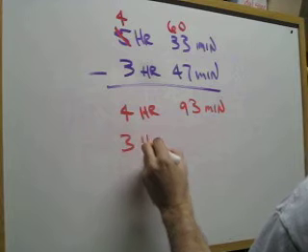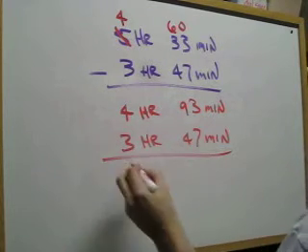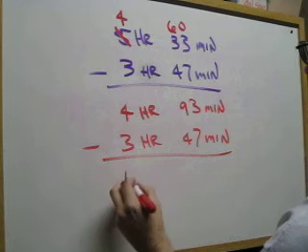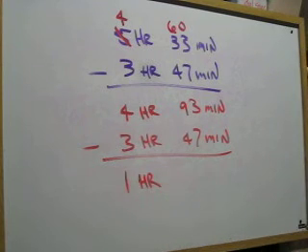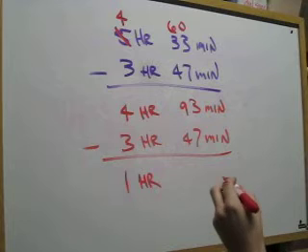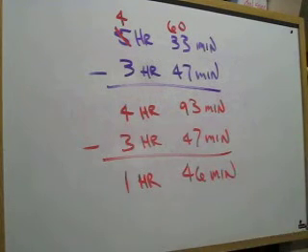And we're still going to subtract our 3 hours 47 minutes from that. Okay. So 4 minus 3, that gives us 1 hour. 93 minus 47 is 46 minutes.